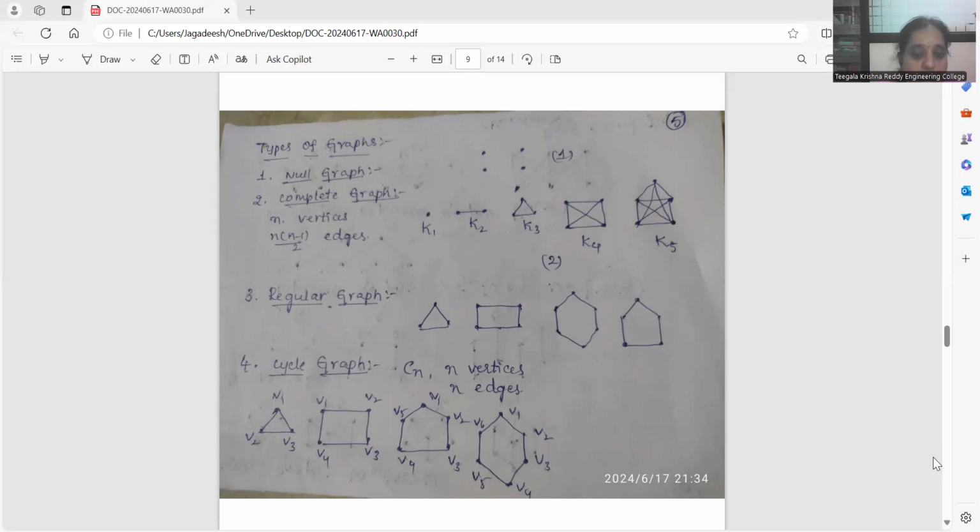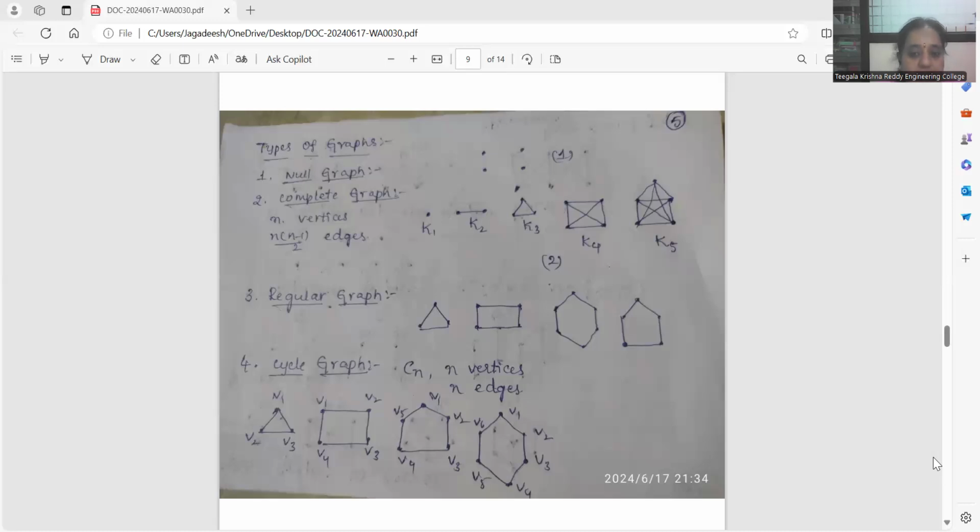Next, complete graph. Here the basic formula for a complete graph is, if you have taken n vertices, there will be n into n minus 1 by 2 edges. A complete graph is generally denoted by Kn, where n denotes the number of vertices. If n equal to 1, that is K1, formed with an isolated vertex only. What is K2? Here 2 vertices are connected with one edge.